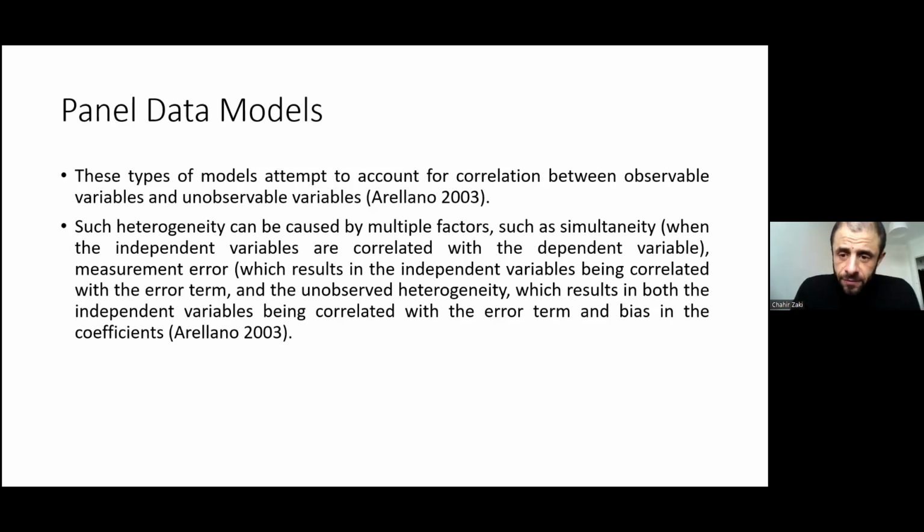I can have some observables, in the sense that I can ask, for instance, Muhammad about his age, his income, his gender, his location, and so on. I can ask Hassan the same questions, and I can ask Nadine the same questions, and so on.